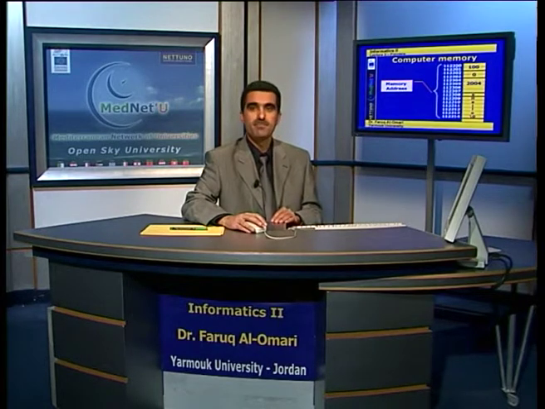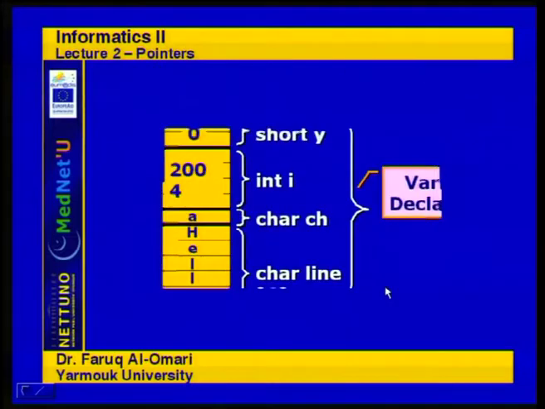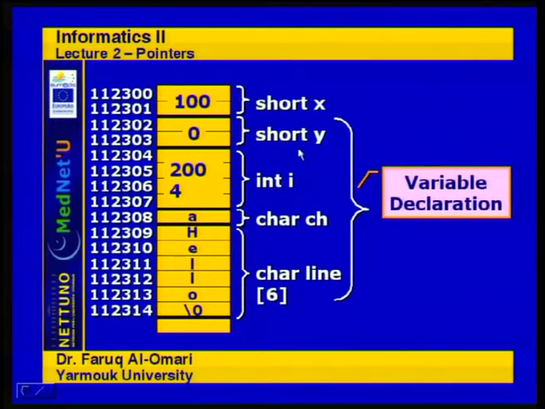So basically, these are the addresses, and these are used as tags or indices to the memory. And these are actually my variables that I have declared already using the reserved words short, integer, character, or a character array like this.